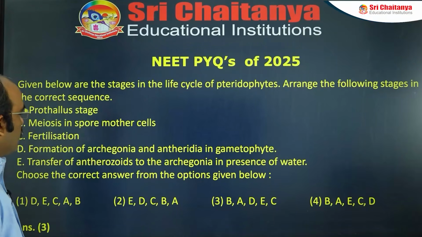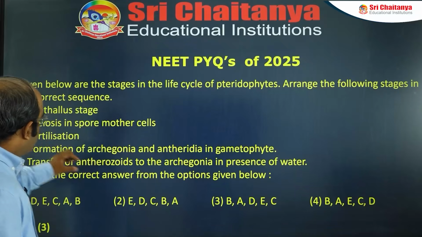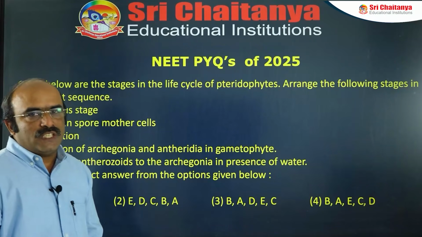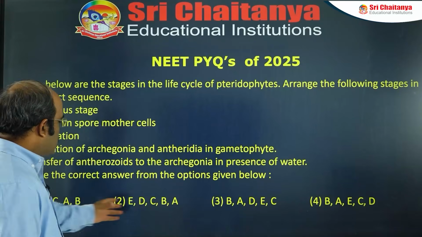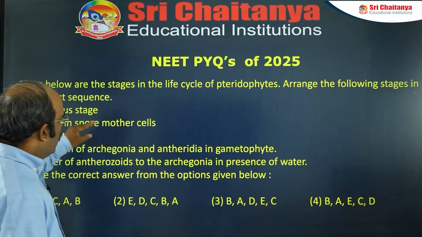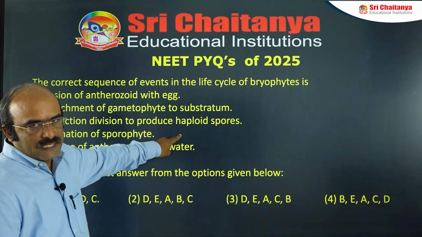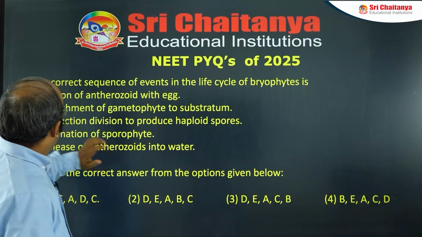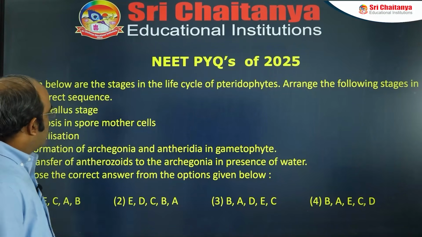Here, you can go for the dominant stage in the life cycle of a Pteridophyte, which is the sporophyte. So we will search and see which option could be matching. Now you can go for the typical aspect of meiosis in the spore mother cells. You can start here: meiosis in the spore mother cells.